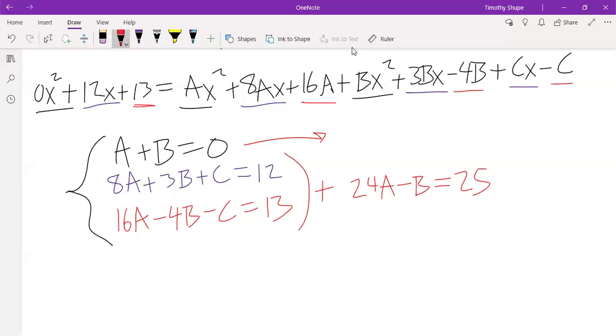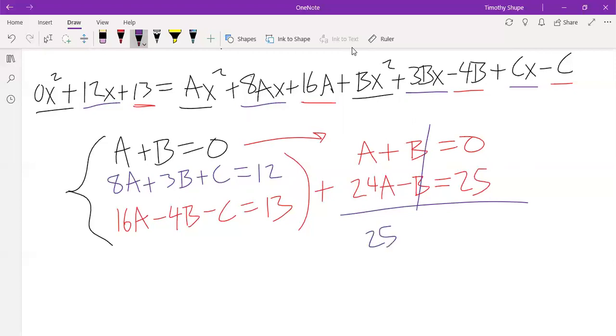Then I'm going to bring this top equation over: A plus B is equal to 0. If I combine these together, since I've got common B values with opposite signs, those are going to cancel out, and I end up with 25A is equal to 25. Dividing off the 25, I get A equals 1.